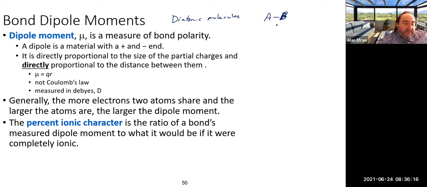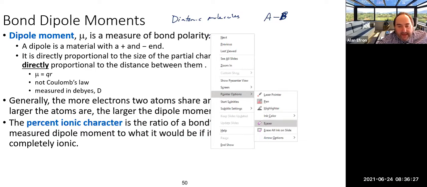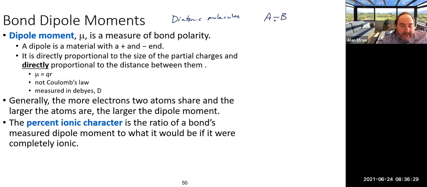And because there are only 2 atoms involved in a particular compound, that means this compound only has 1 bond. And because it only has 1 bond, the entire molecule also has only 1 bond.